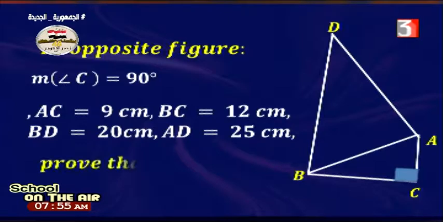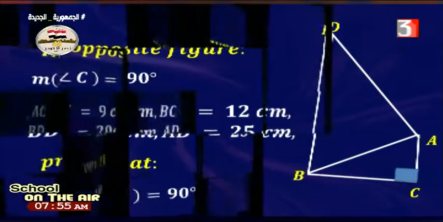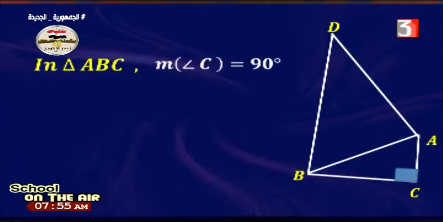Then I want you to prove that measure angle ABD equals 90 degrees. First of all, you are going to check triangle ABC. Why? As triangle ABC is right angle triangle as measure angle C equals 90 degrees.